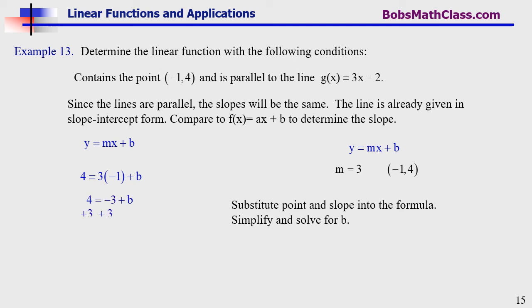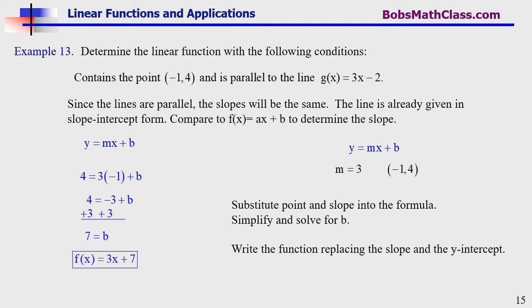Add 3 to both sides. So b is 7. So we have our m and our b. You could use whatever letter you want for a function. I like to use f of x. So f of x equals 3x plus 7.